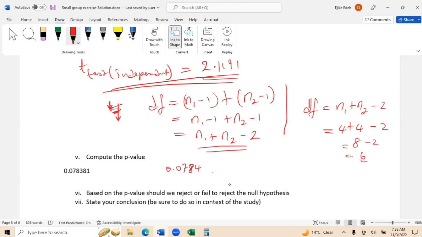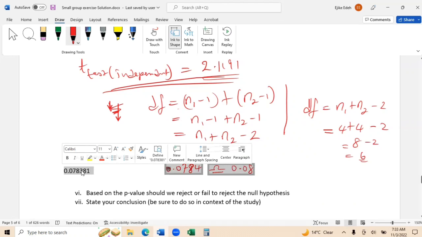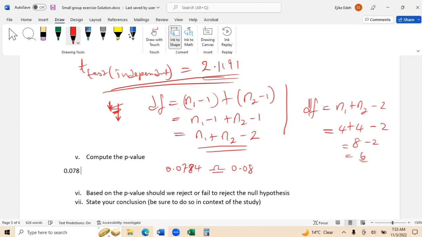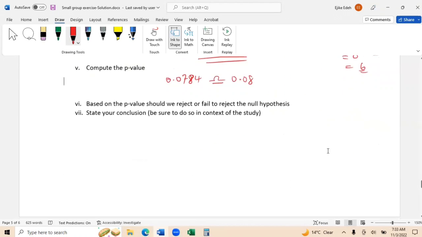And of course, you can keep your final answer in 2 decimal places, which is 0.08, if you like. Okay, so that's all we have here for the p-value.